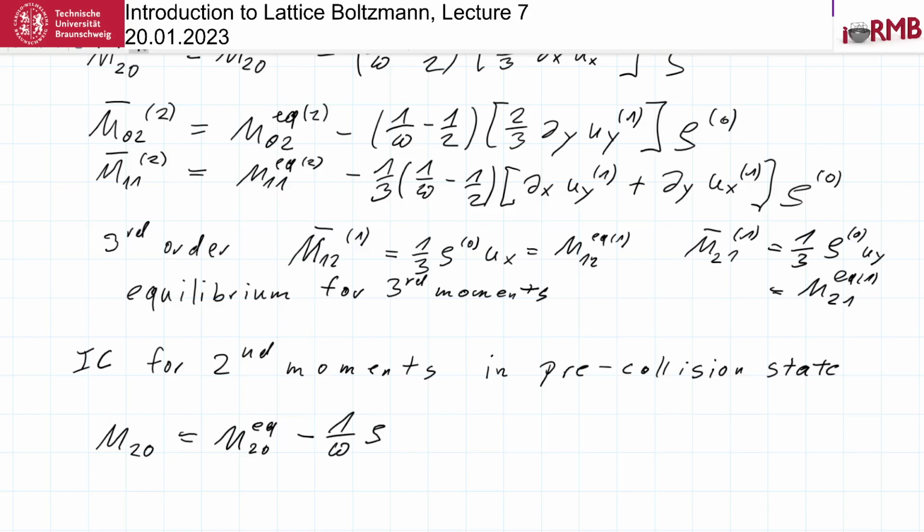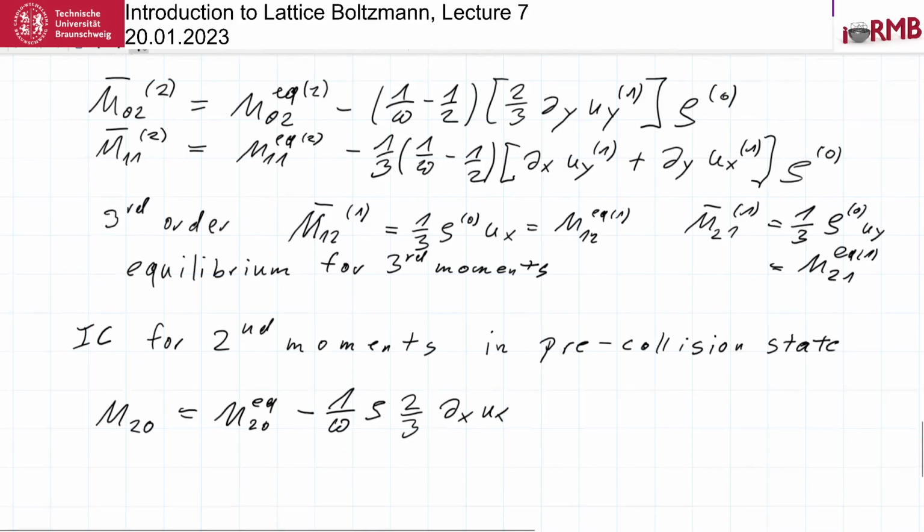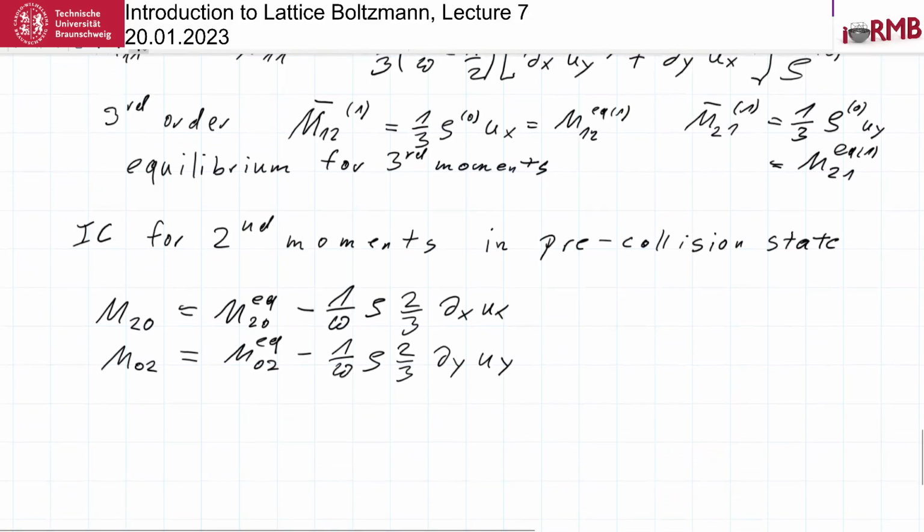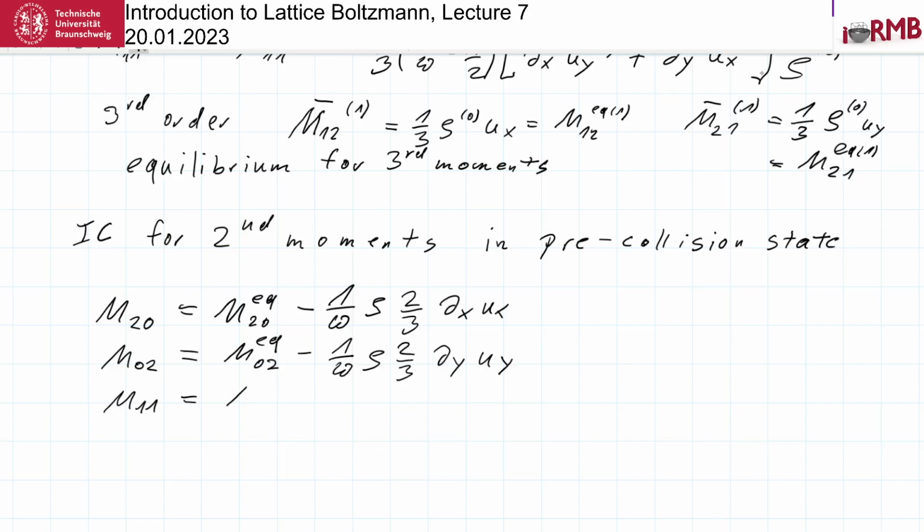So this is what comes out for the pre-collision state, times 2/3 dx ux, and M02 is M02 equilibrium minus 1 over omega rho 2/3 dy uy, and the last one that we have to specify is M11, equal to M11 equilibrium minus 1 over omega rho divided by 3, dx uy plus dy ux.